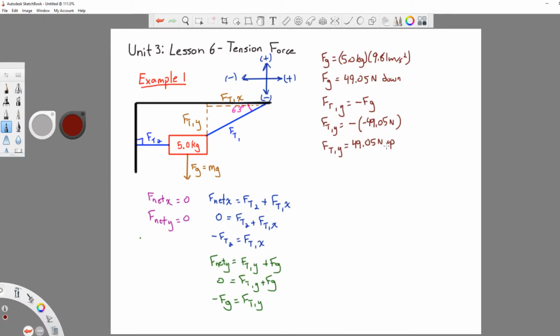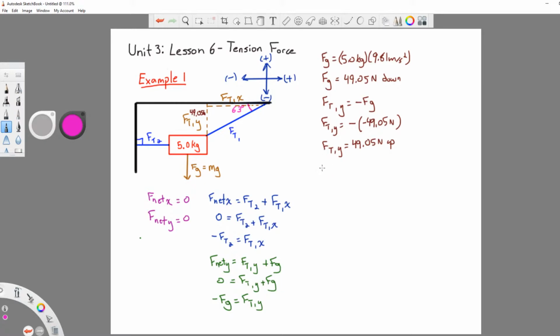Alright, next part is, now that we have Ft1y is 49.05 newtons, we can either solve Ft1 or Ft2. Ft2 in the x direction is equal to this Ft1x in the x direction. Let's do Ft1 first, because we can just do it directly. So let's pop into magenta again and brighten it up.